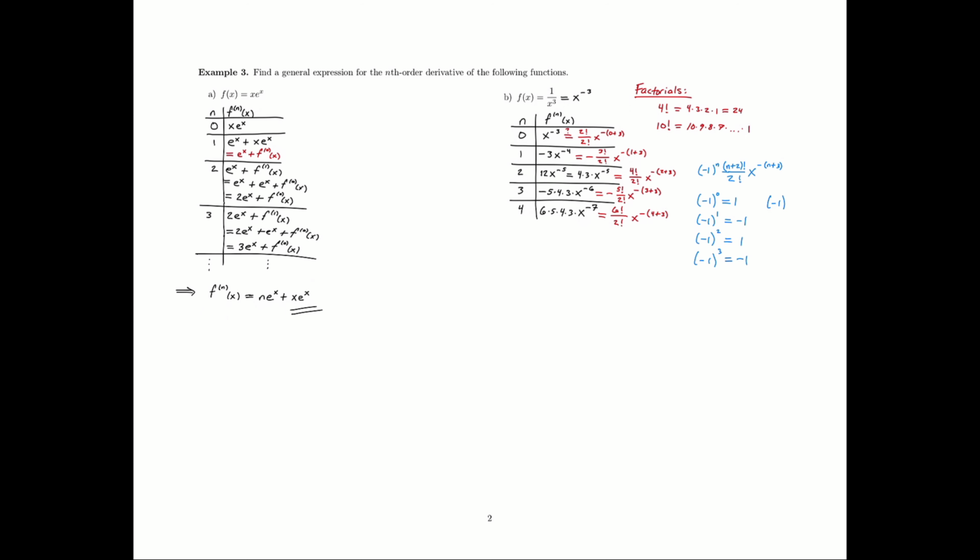Basically, negative 1 to an even power is positive, and negative 1 raised to an odd power is negative. So we just want to make sure we have this right. We want the even numbers to be positive in this case, right? 0's even, positive, 2 positive, 4 positive, 1 and 3 are odd, they're both negative.